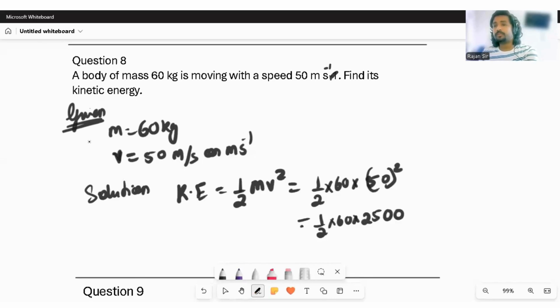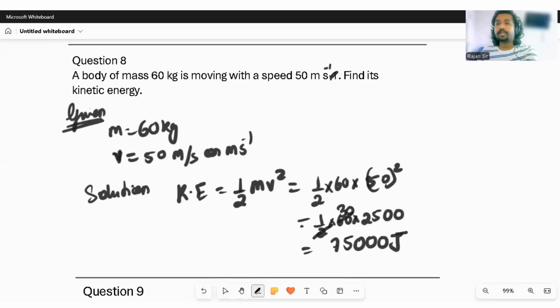Now we have to just cut. So this is 30 and we have 25 into 3 is 75. Take the 3 zeros. And that's the energy of the body moving with the speed 50 meter per second. I hope that is easy. This is the kinetic energy of the body. Let's go to the next one.